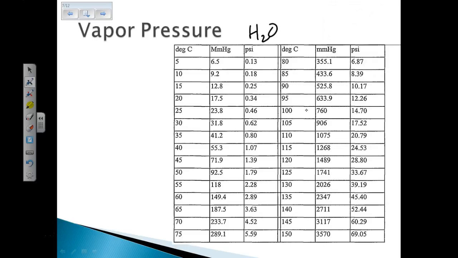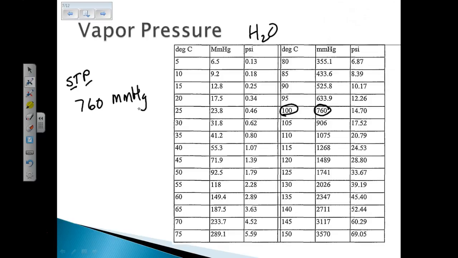And so here's the interesting thing. Notice that here, the vapor pressure of water at 100 degrees C is 760 millimeters of mercury. That's interesting because what is standard pressure? Standard pressure, as in STP, is 760 millimeters of mercury.